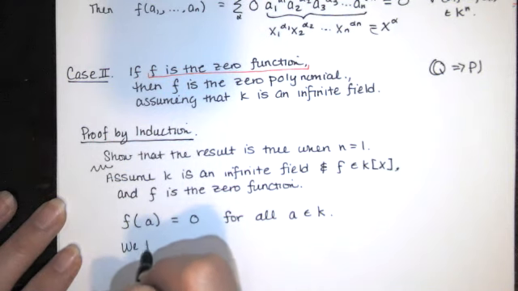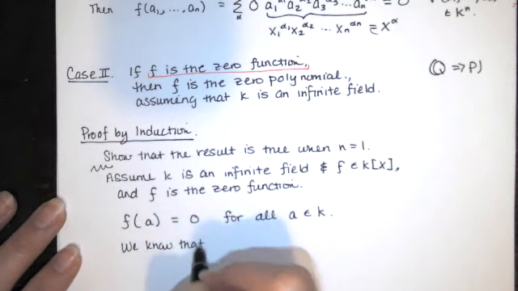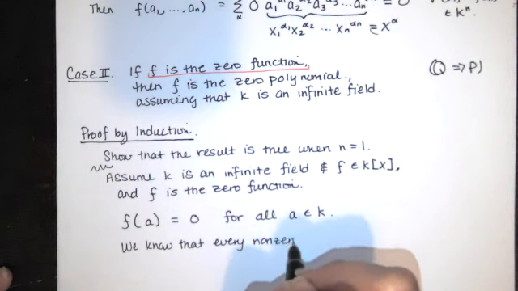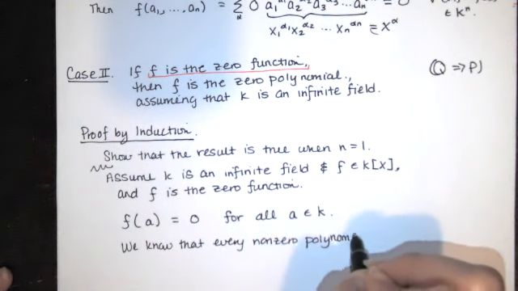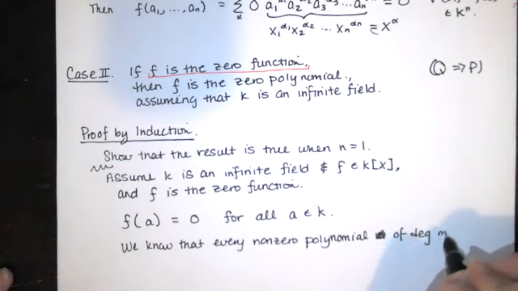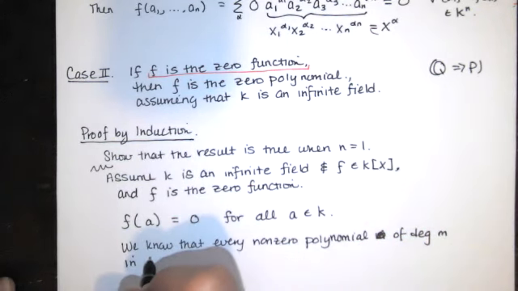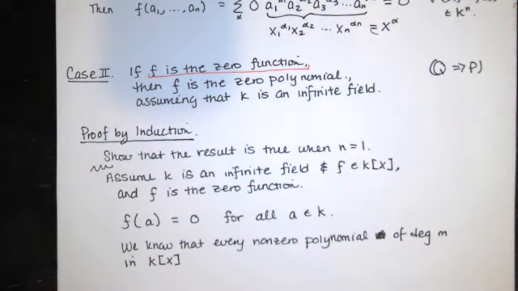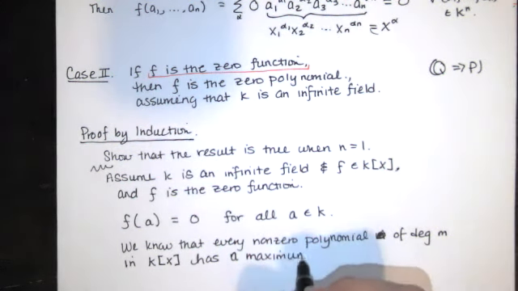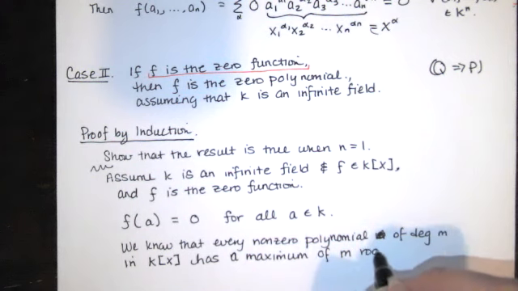But let's say we already know that every non-zero polynomial, let's say of degree m, in this set of polynomials in a single variable with coefficients in the field K, has a maximum of m roots.